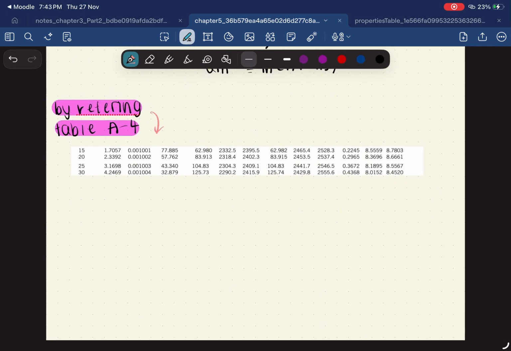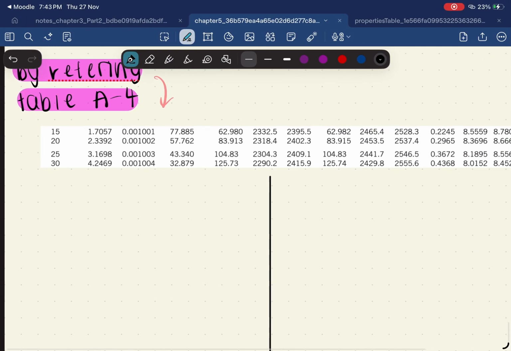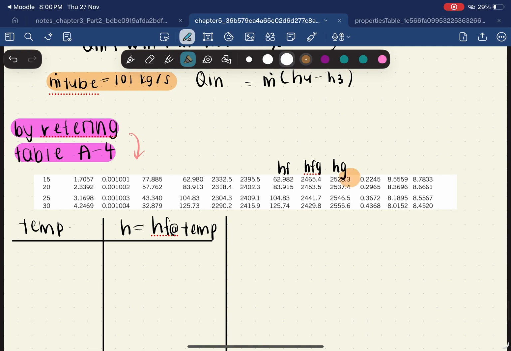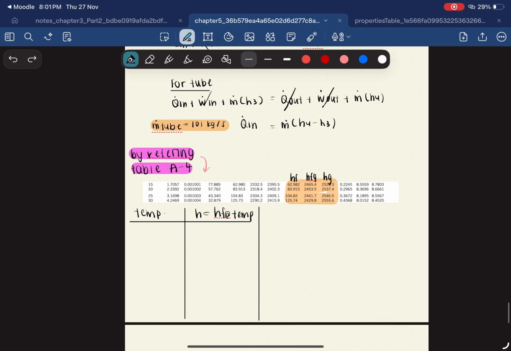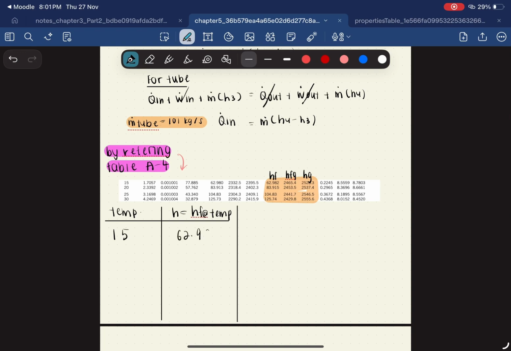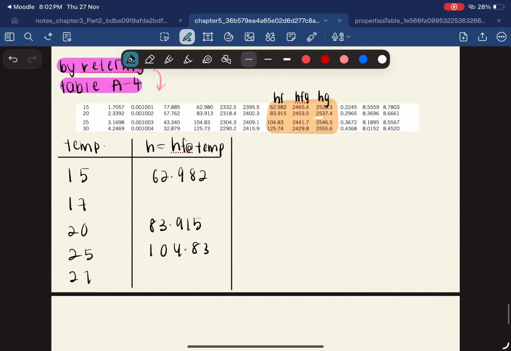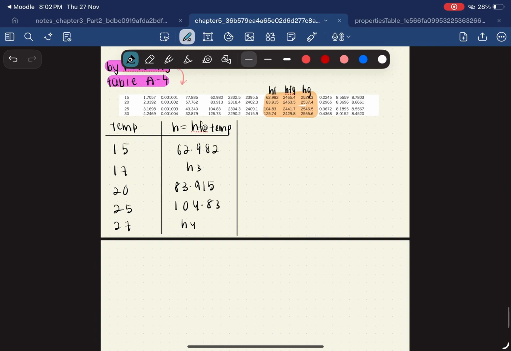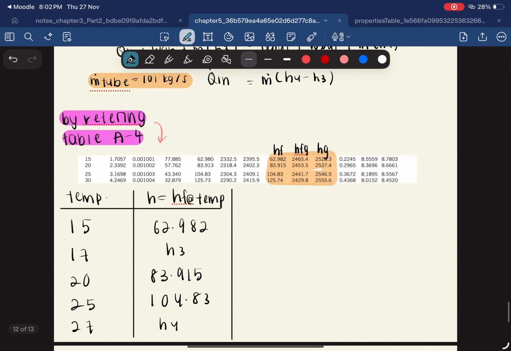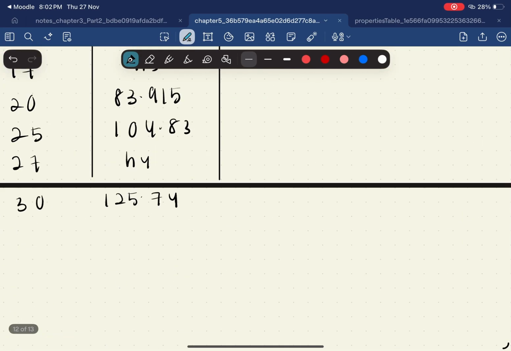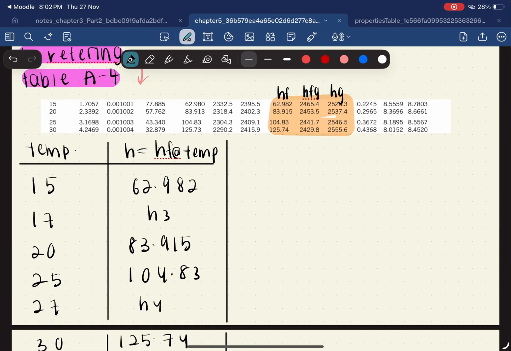When we get this information, we know that we need to do an interpolation to get the exact value of the internal energy for 18 degrees Celsius and 27 degrees Celsius. To avoid careless mistakes, we will rewrite the information given from the table into a new table that we make ourselves.